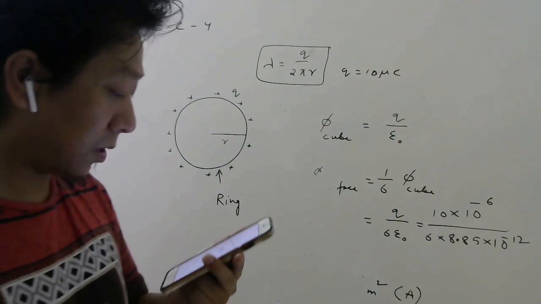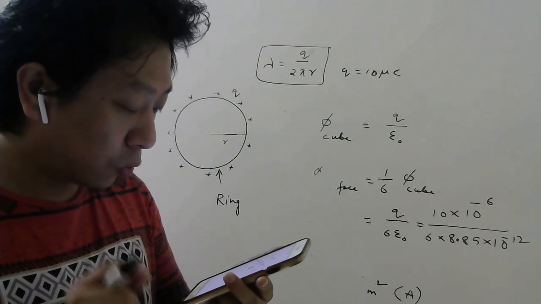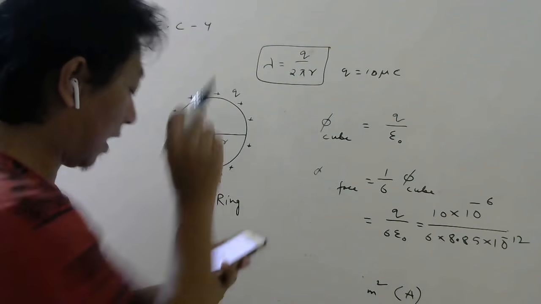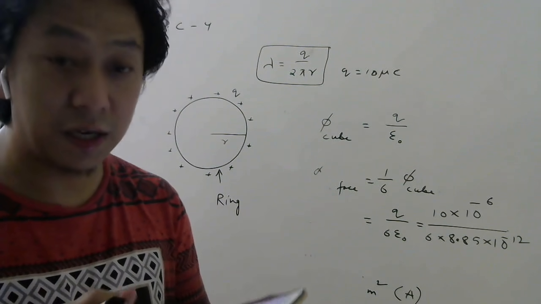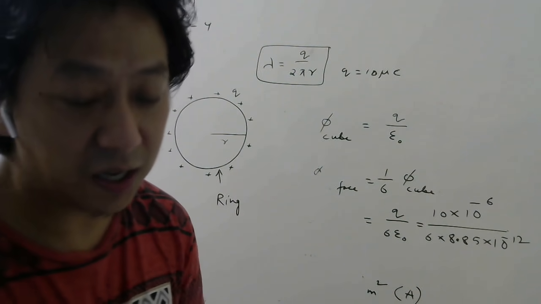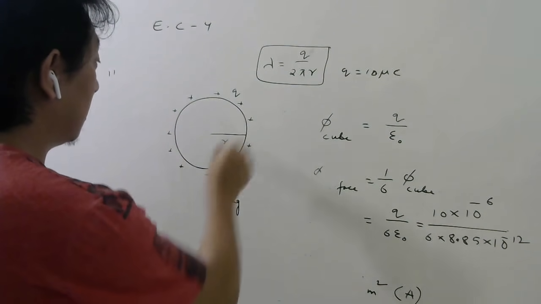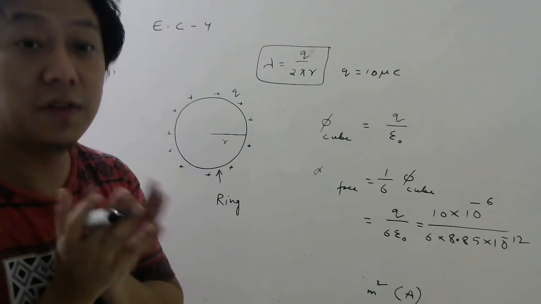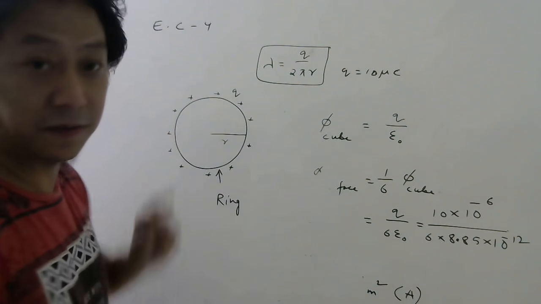What is the question? A sphere of equal radius, same as this r, is constructed with its center at the rim of the ring. At the rim. Rim means this perimeter. So the center of the sphere should be on the perimeter of this ring.